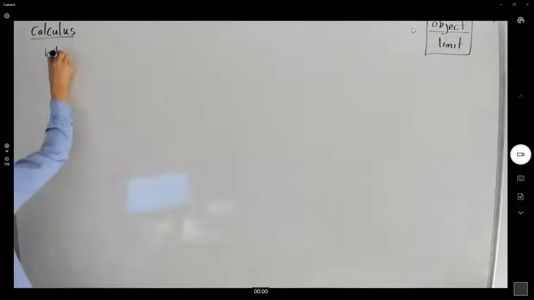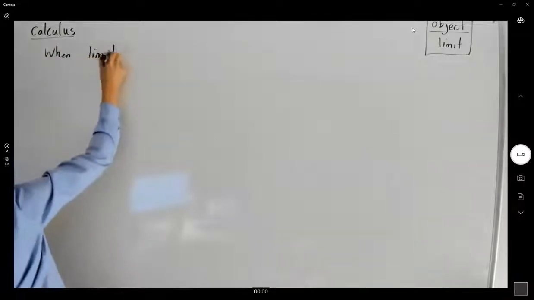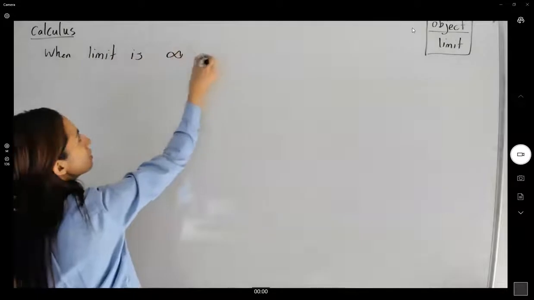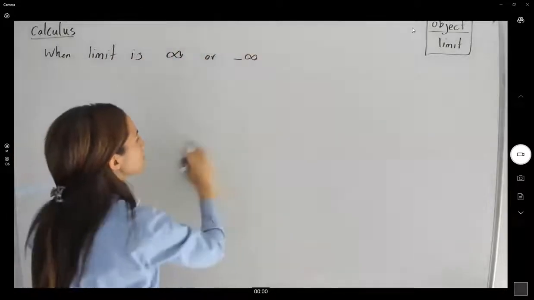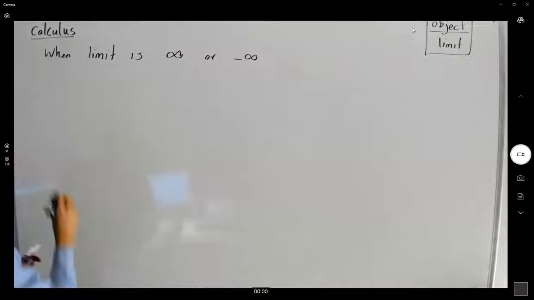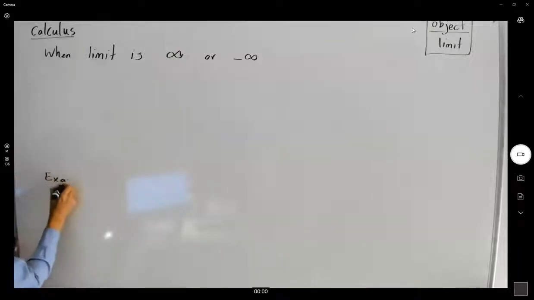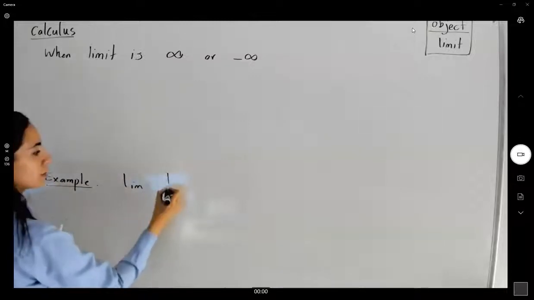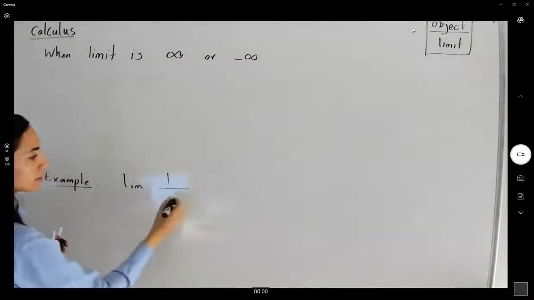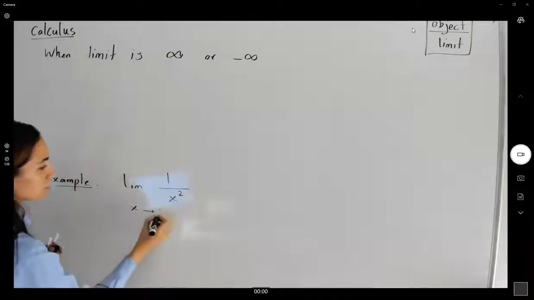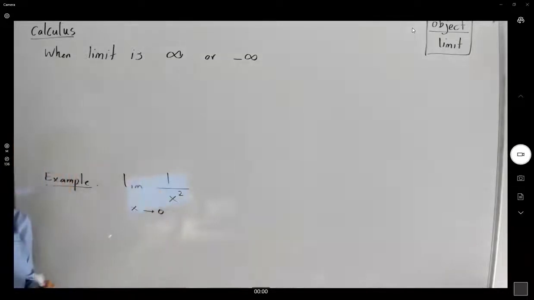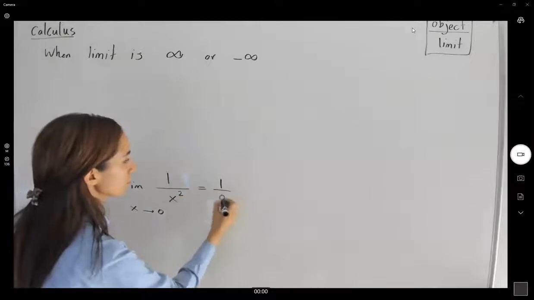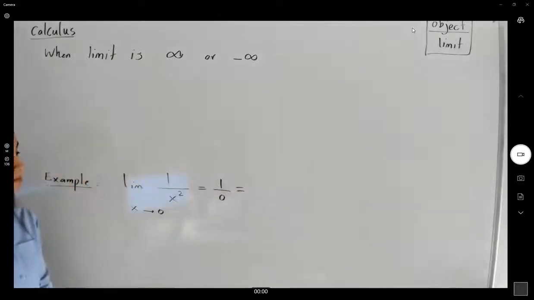So when limit is infinity or negative infinity, for example, question says find the limit of 1 over x squared as x approaches 0. Well, okay. If I plug in 0 here, I get 1 over 0, which is equal to infinity.